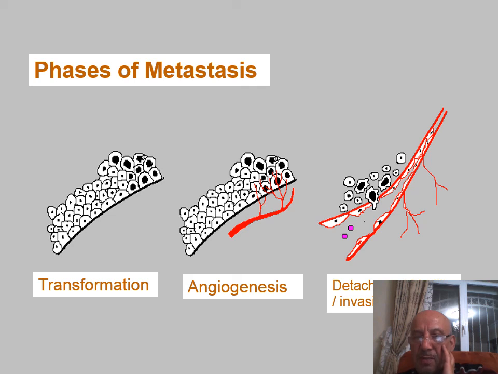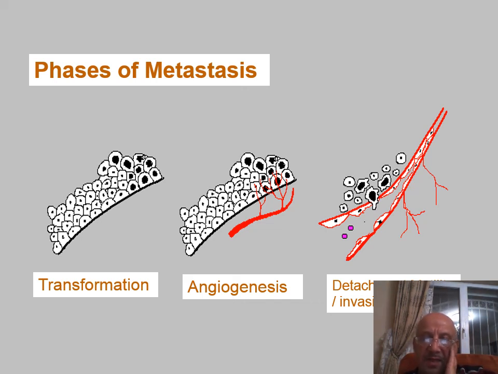Some of these cells can detach and go into the lumen of these blood vessels, and while in the blood vessels, the malignant cells make what is called an embolus. The malignant cells surround themselves with fibrin and platelets, so the malignant embolus increases in size and escapes into the circulation.